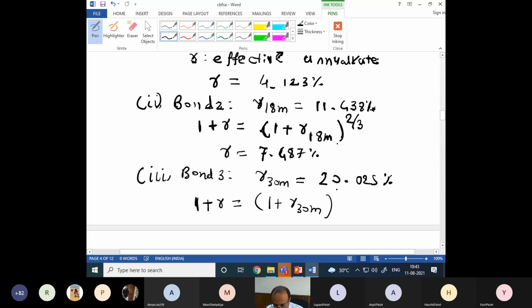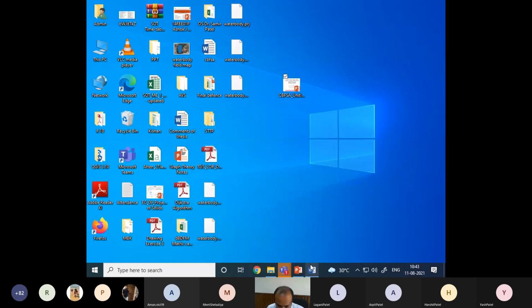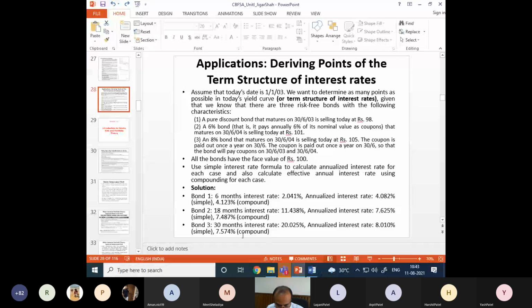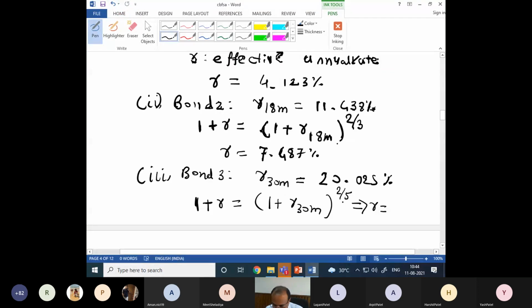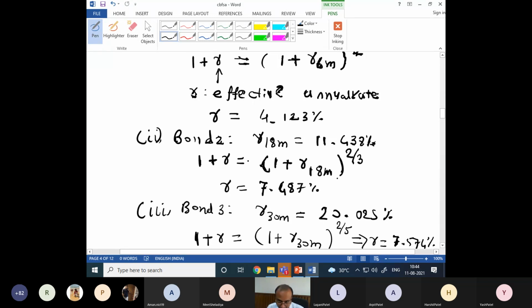And what will be the power now? 2 by 5, right? And that gives me the value of R now in an annualized return, and that will be 7.574%. And now you can again plot this similar kind of graph with the compound interest rates, right?